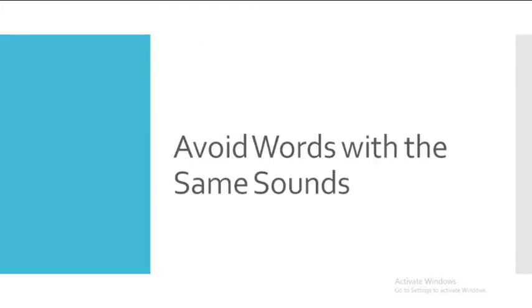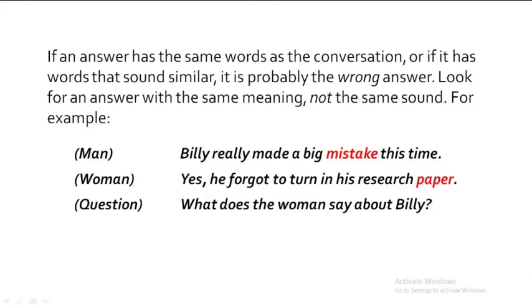Then, you can also use the third strategy, avoid words with the same sounds. If an answer has the same words as the conversation, or if it has words that sound similar, it is probably the wrong answer. Look for an answer with the same meaning, not the same sound.